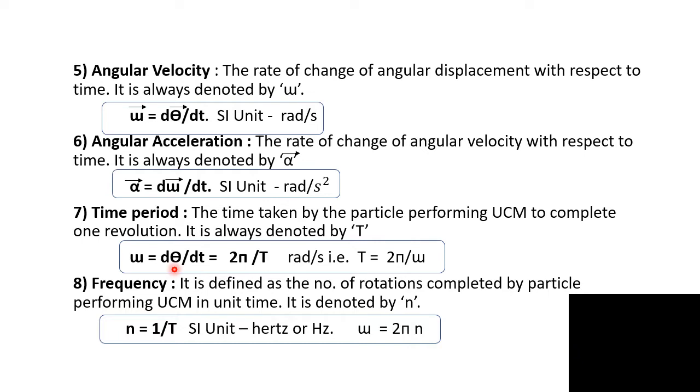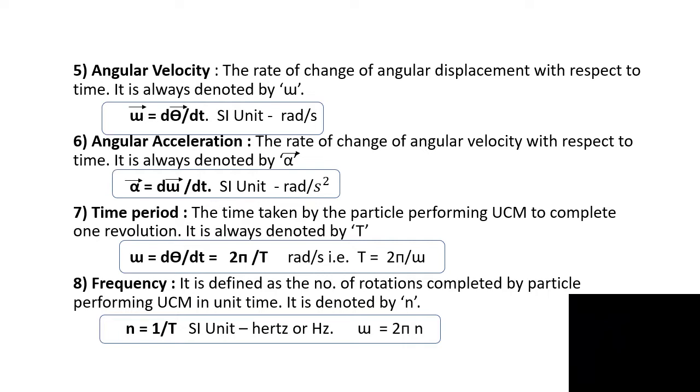Angle described by radius vector is 360 degree or 2 pi radians. So omega equal to 2 pi upon capital T, since d theta is 2 pi and dt is nothing but capital T. So the time period is given by T equal to 2 pi by omega.